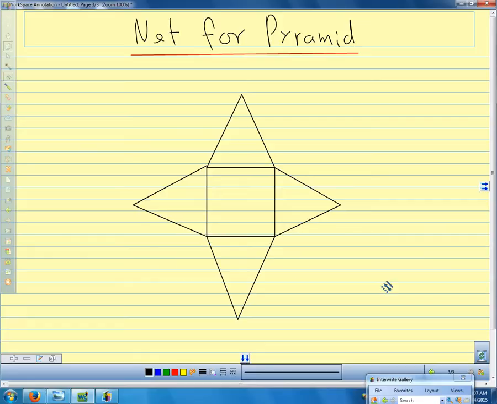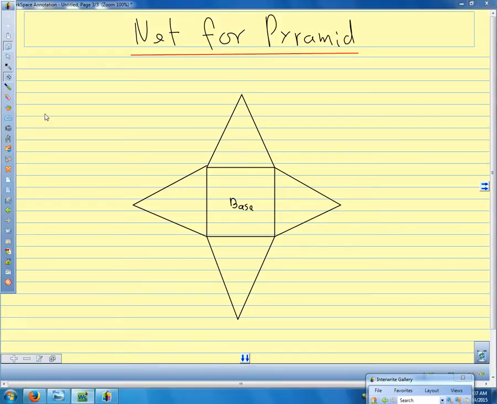So there's my net. If I folded that up, if I drew it just perfectly, the top vertices of my triangles would be the vertex of my pyramid. So this is my base. And I'm going to draw in the slant height, which is the height of that triangle, and it meets the base edge at 90 degrees.